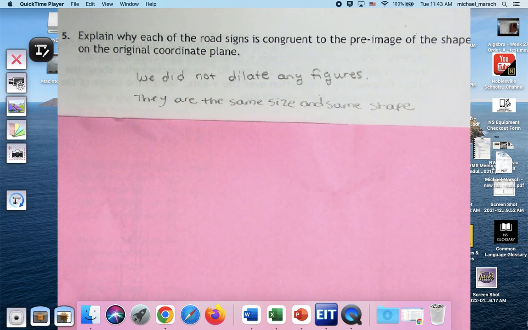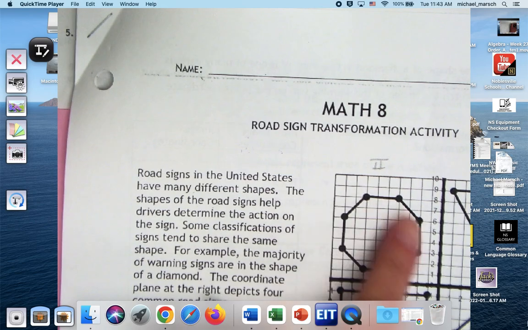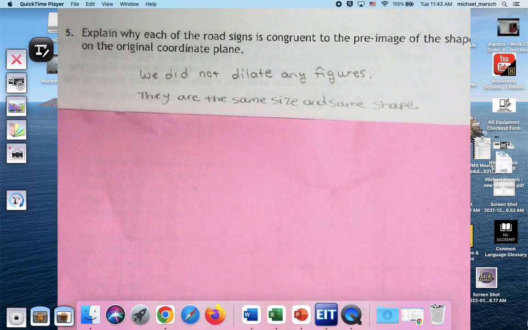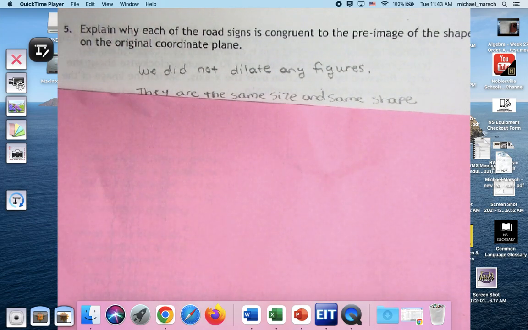So now we're going to move on to number 6, where we're going to dilate the stop sign. So we're going to look back at our original stop sign right here. We're going to take these ordered pairs and we're going to dilate them by a scale factor of 1/2. So look on your pink cheat sheet and tell me, what do we do when we are dilating figures?